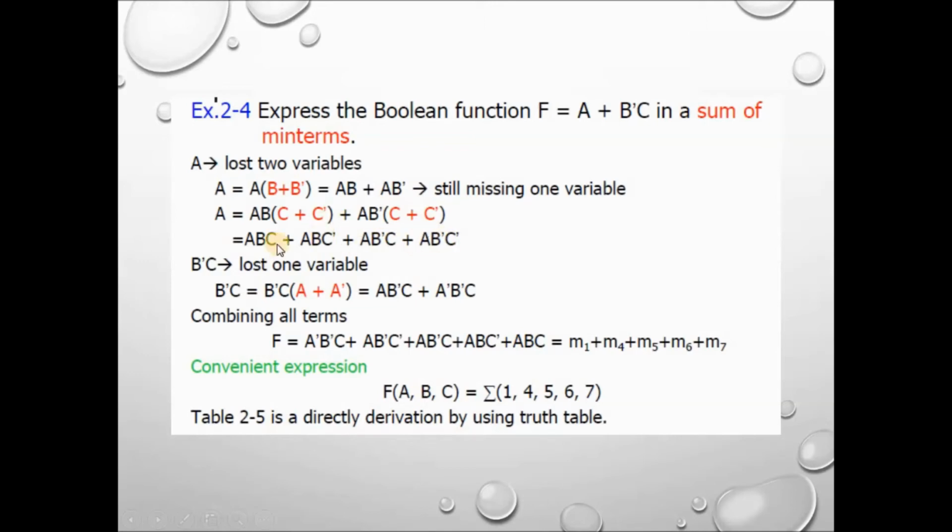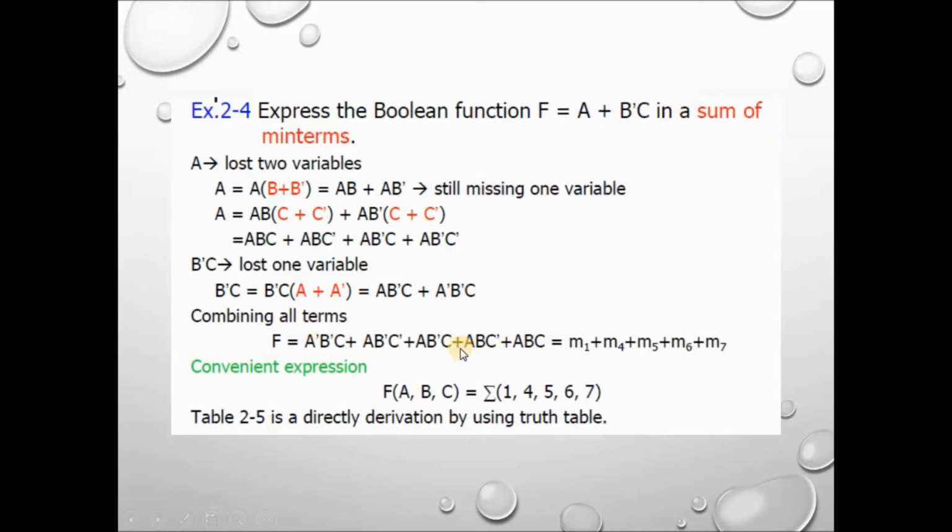After that, for B bar C, A is not there. The same procedure is used here: B bar C (A plus A bar). So you can write AB bar C, and here also A bar B bar C. Done. So combining all terms you can write like this.